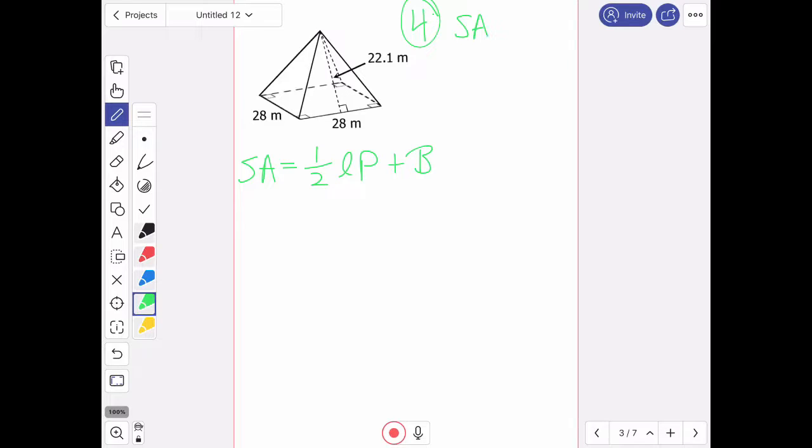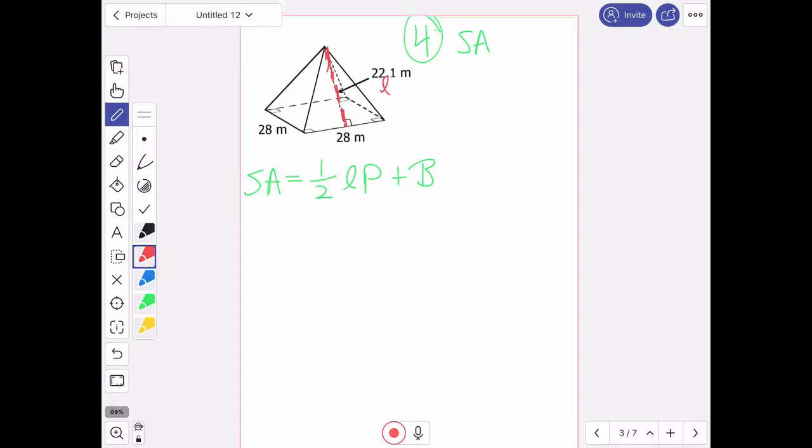So my slant height is going to be this diagonal line coming from the top of the pyramid going against one of those faces, on the outside face of the pyramid, which is 22.1.